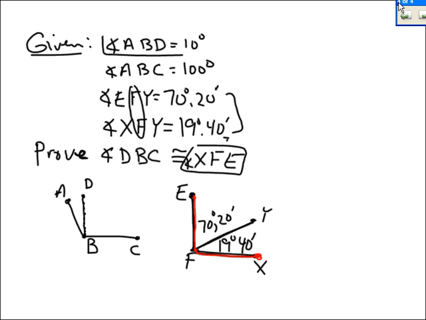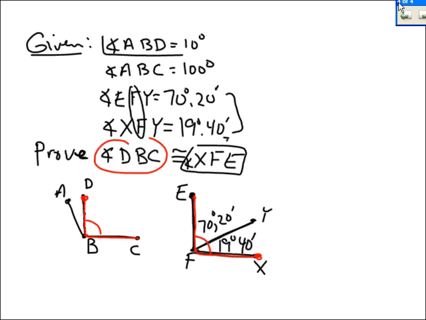XFE. Oh, the 90 degree angle is the same as angle DBC. And we need to prove that. So, whether the diagram was given or not, you could come up with it.